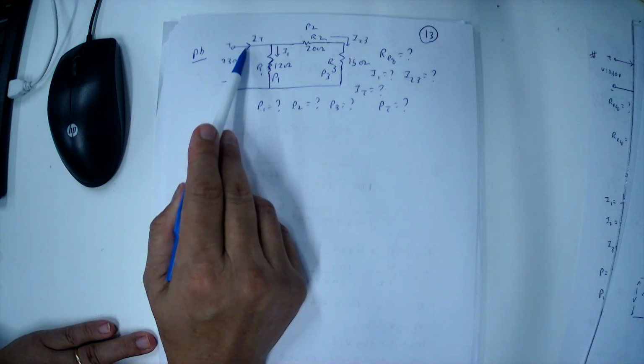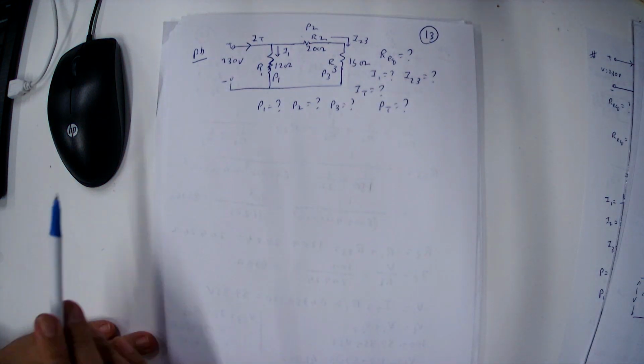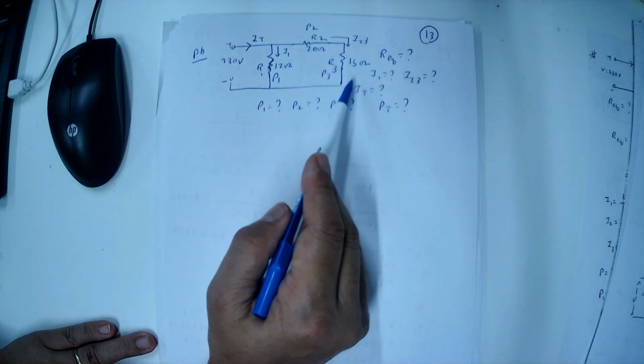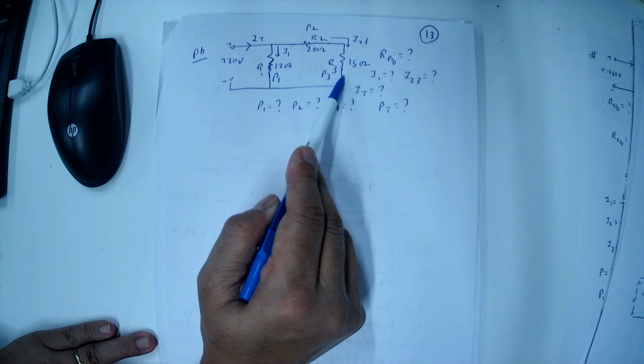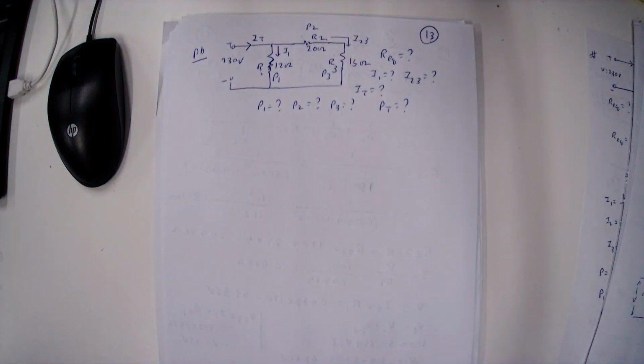Total current is IT. Power dissipated in R1 is P1, in R2 is P2, in R3 is P3, and the total power PT also needs to be calculated. All these are questions for this problem.